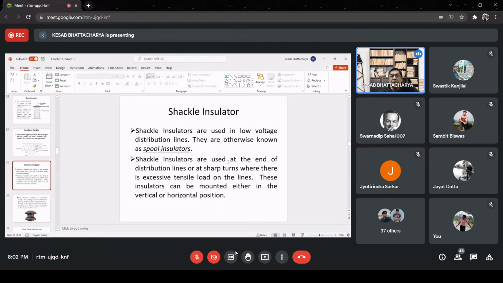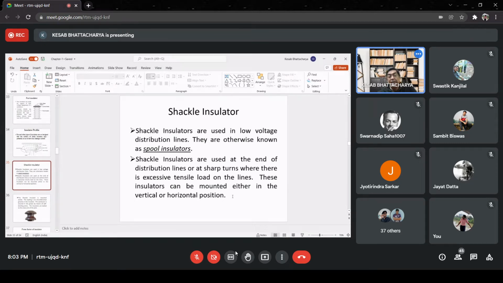Sacral insulators are used at the end of the distribution lines or at sharp turns where there is excessive tensile load on the lines, and also to hold the conductors at the top, as in the case of pin insulators. These insulators can be mounted either in the vertical or horizontal position. That is the difference from the pin insulators. Pin insulators always have to be mounted in the vertical position, but Sacral insulators can be mounted in either horizontal or vertical positions.